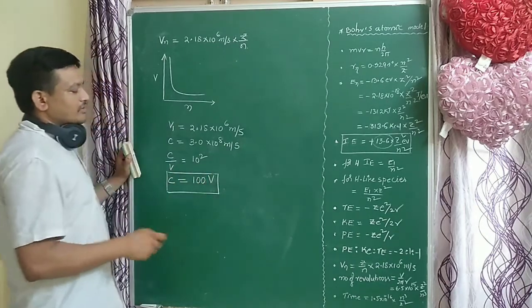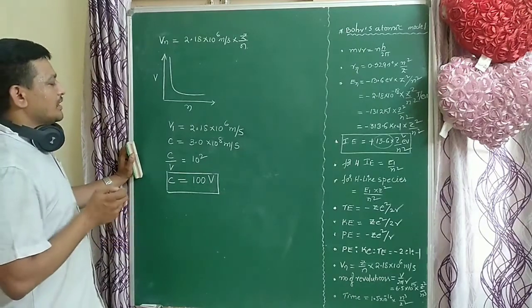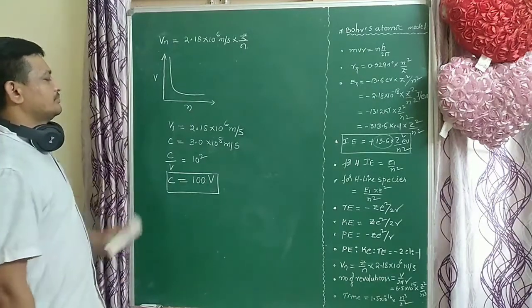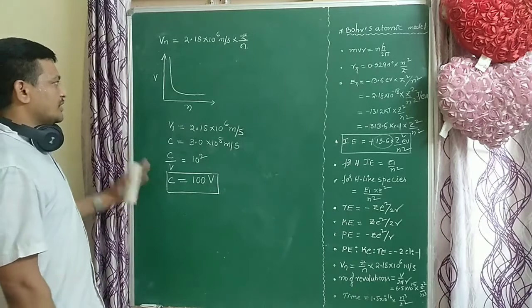Speed of light is always greater than speed of the electron of the hydrogen atom. So this is very, very important.